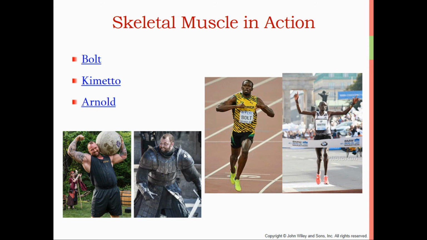So this individual that I have pictured here, his name is Hafthor Bjornsson. He is 6'9", and depending on where he is in his training, he is a 400-pound human being. Sometimes he's 415. There have been times where he has weighed, depending on where he was in his competitive cycle, over 450 pounds.